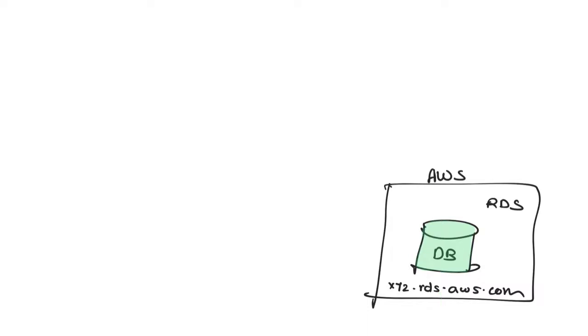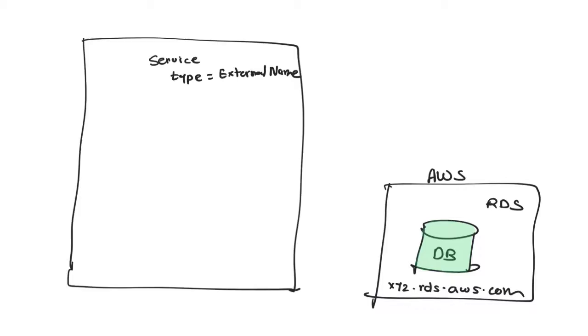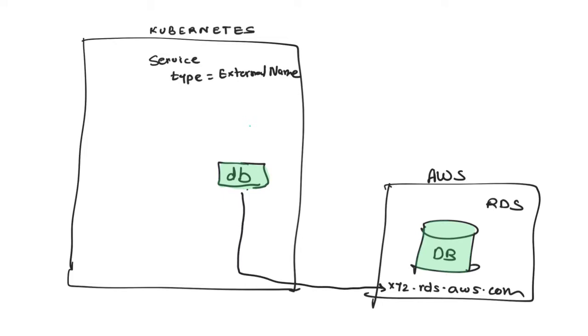Now what you do with external name is create an alias internally so that you create a service by name. Let's say internally it is called DB, and then that DB actually points to the managed database that you have created on RDS with its CNAME. So it creates sort of an alias.